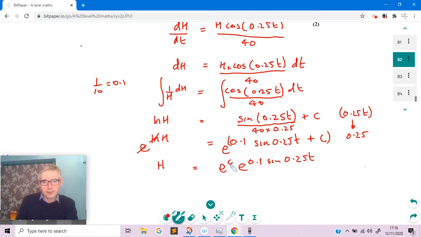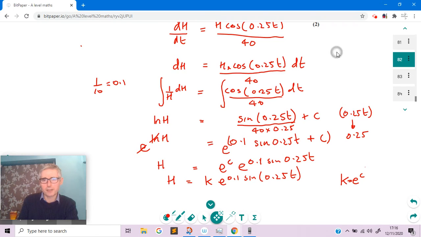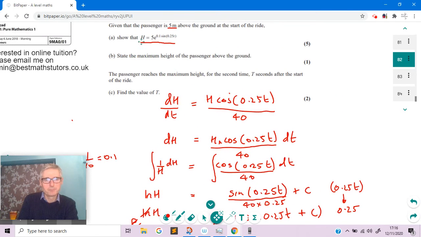Because e to the c, e to a constant, is another constant, I'm going to let k equal e to the power c. That simplifies to just a constant k times e to the 0.1 sine 0.25t, which looks very like what we're looking for, h equals 5e^(0.1 sin 0.25t).